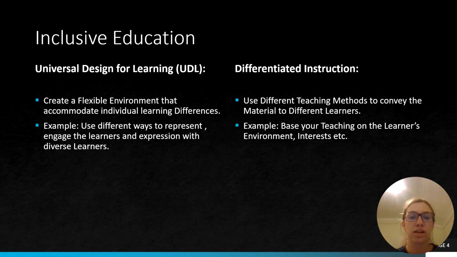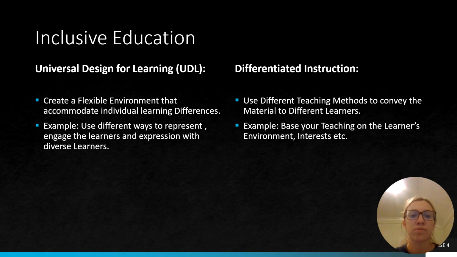So universal design for learning, which is also known as UDL, is to create a flexible environment in which you accommodate individual learning differences. For example, you use different ways to represent your lessons, or you engage the learners in different ways and expression with diverse learners.